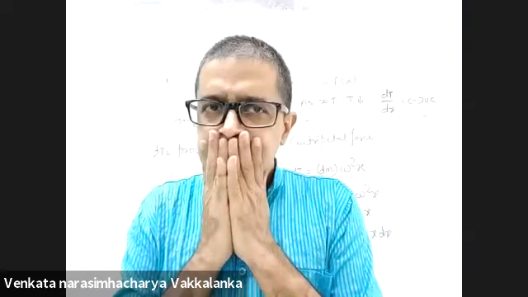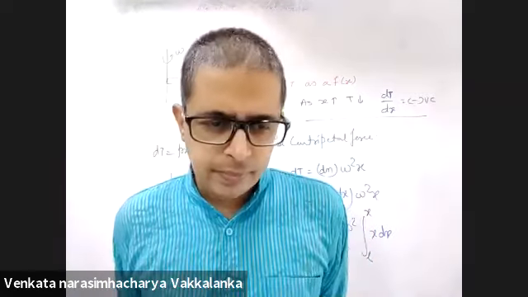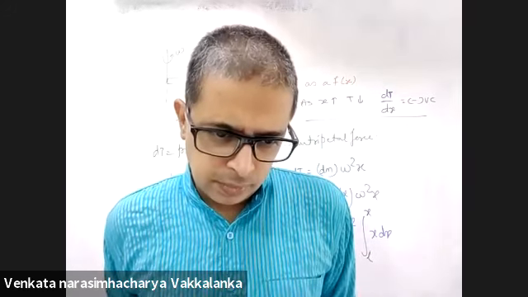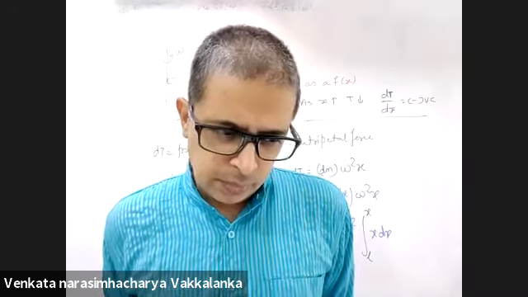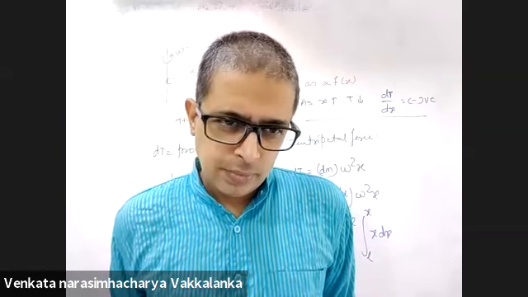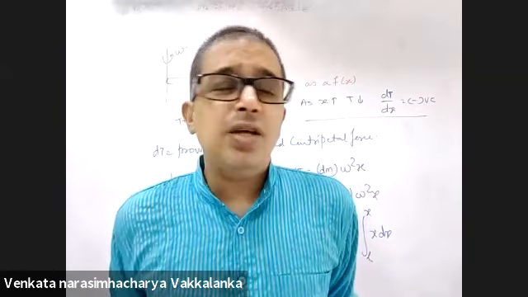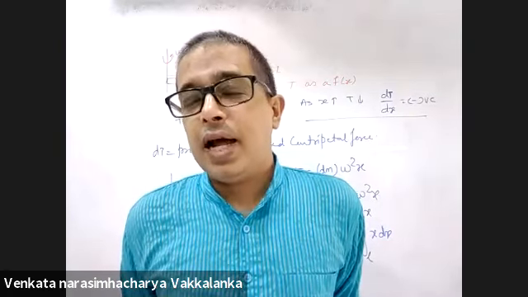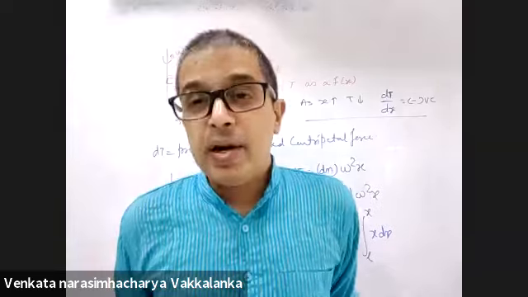Sir, I have a general doubt regarding angular displacement. I saw that it is axial to the circular motion, so I didn't understand the meaning of it. These are called pseudo vectors: angular velocity, angular acceleration, angular momentum.